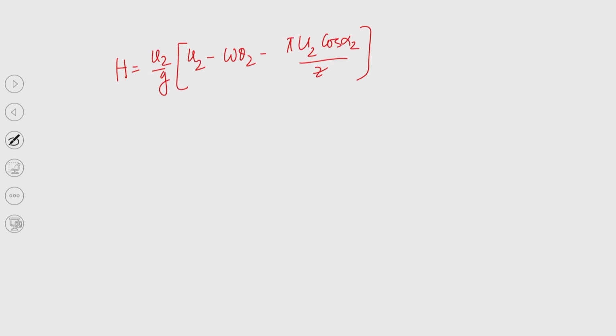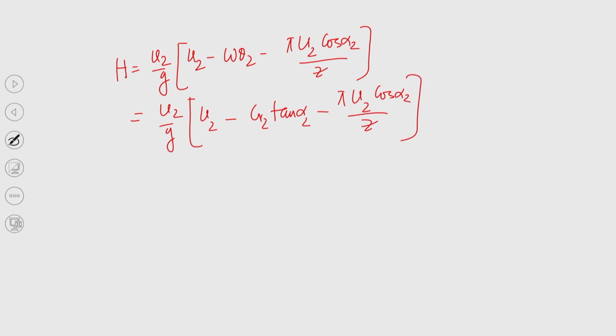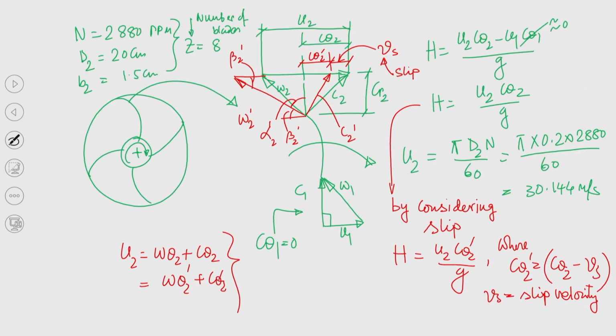So, we can write U2 by G into U2 minus this is CR2 tan alpha 2 minus pi U2 cos alpha 2 by Z, right. If we go to the previous slide, this angle is alpha 2, you can understand.